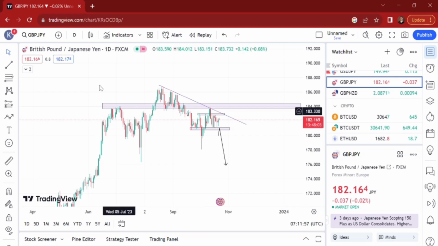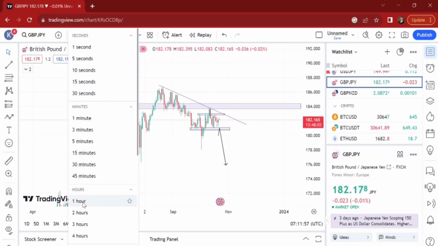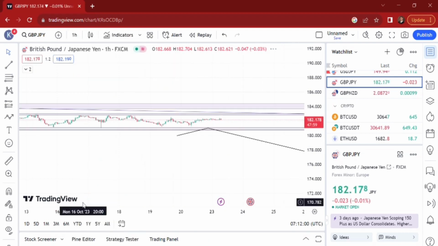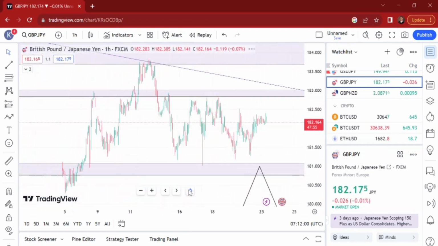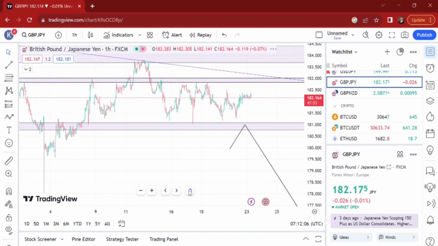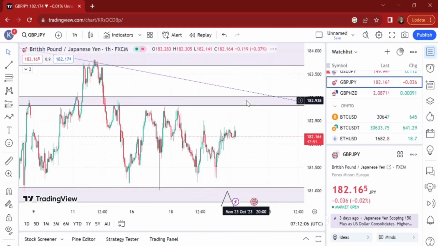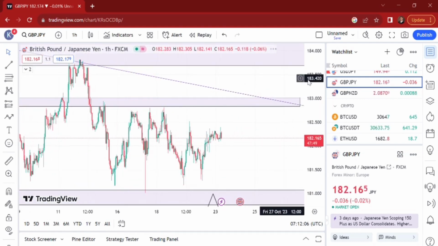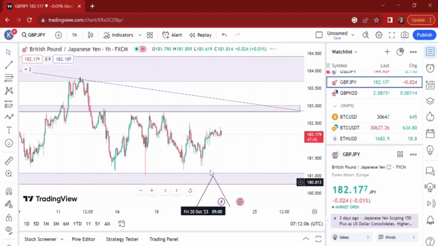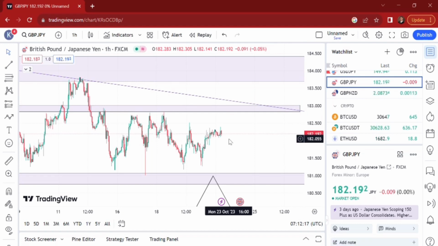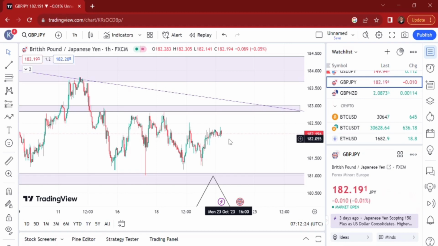So basically this is what it is. You can still go to your 1 hour time frame to just wait. From the 1 hour we're still waiting. So basically I'll wait until price breaks this zone. Right now price is just ranging within this zone. It's not good to trade. It's not that it's not good to trade a ranging market, but for me I prefer trading a trending market.